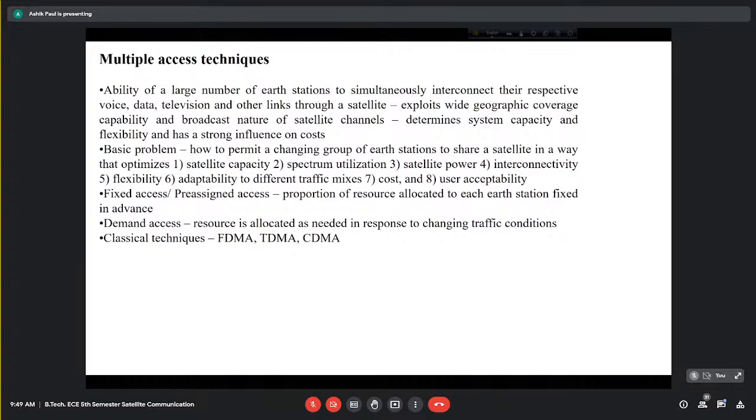By traffic we mean the volume of information or data that is flowing. So that could be like demand access.